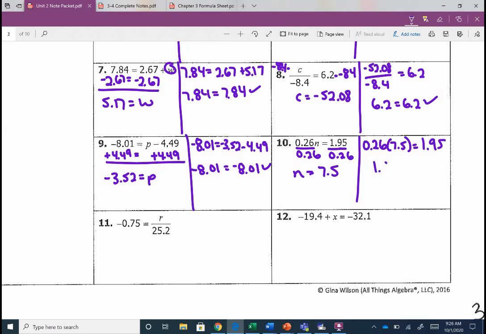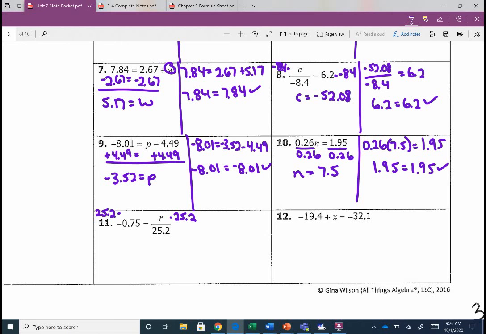In number 11, we have r divided by 25.2. So to undo the division, we multiply both sides by 25.2. Notice I'm using the dot for multiplication. I want us to get away from that x, since now all of our equations have variables, and I really don't want us to get confused between a multiplication sign and a variable.